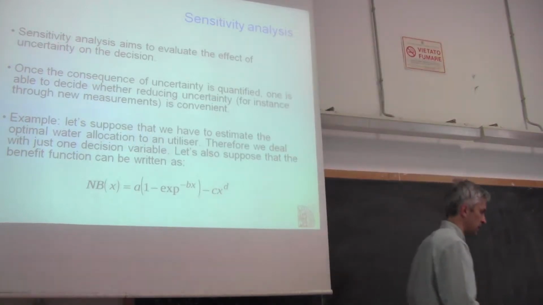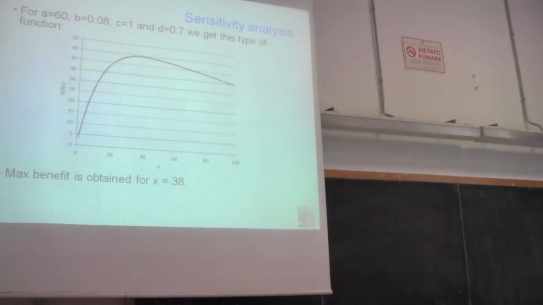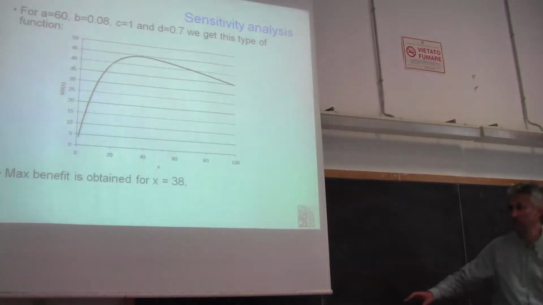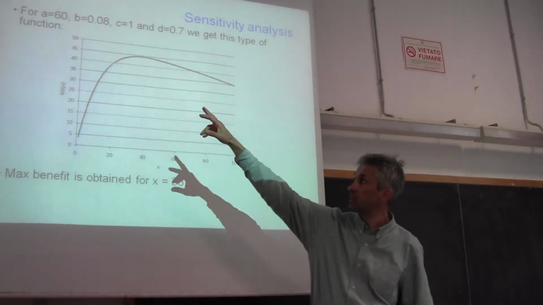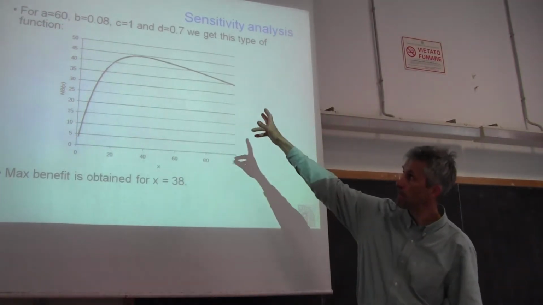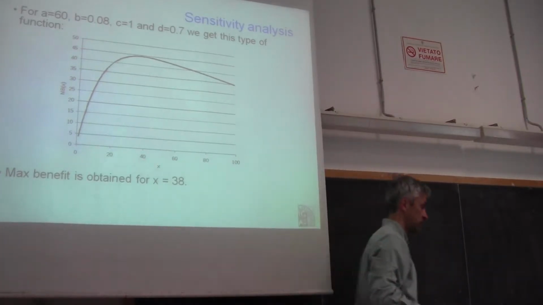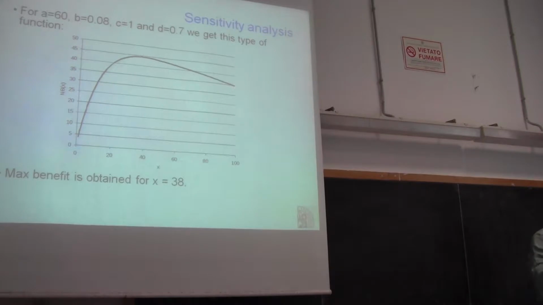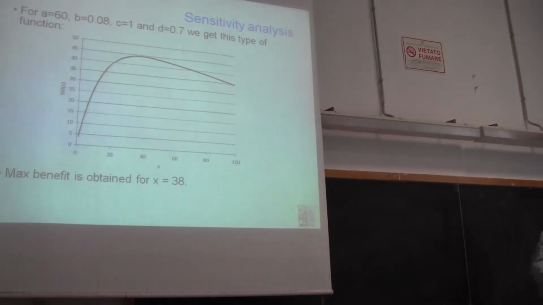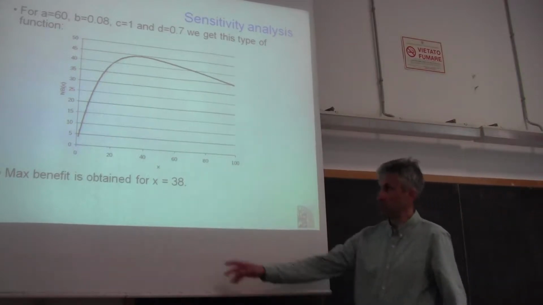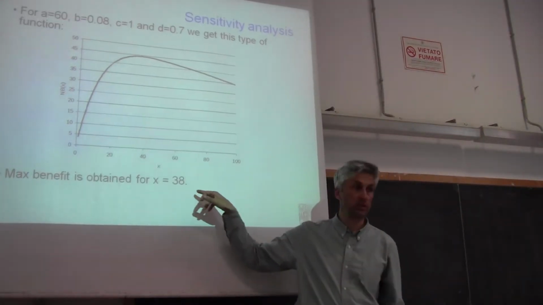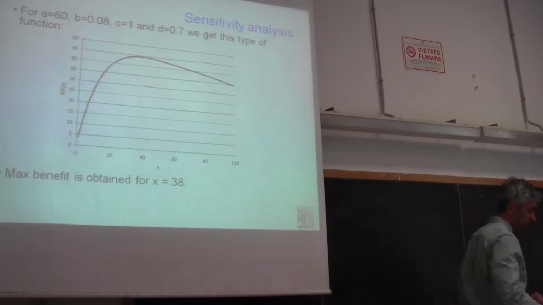This is the case I refer to, and these are the expected values of the parameters: 60, 0.08, 1, and 0.7. This is the best estimate, the expected value, which leads to a maximum for an allocation x equal to 38. Okay, perfect.